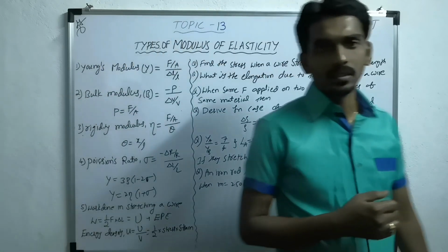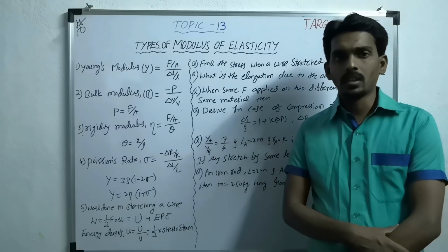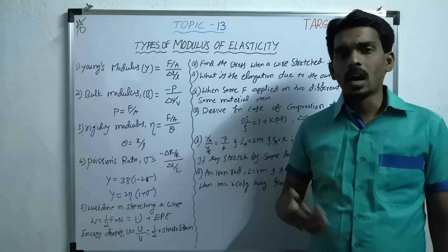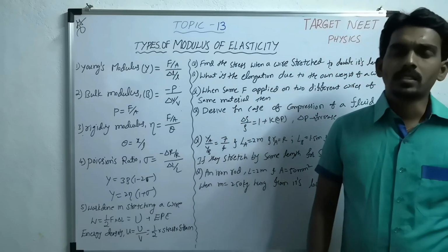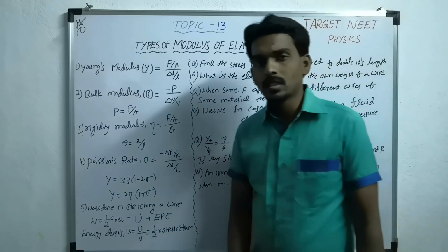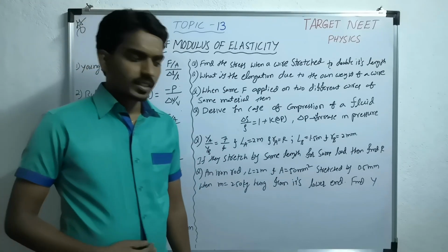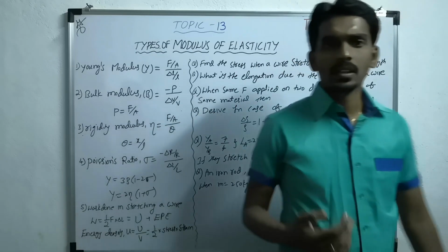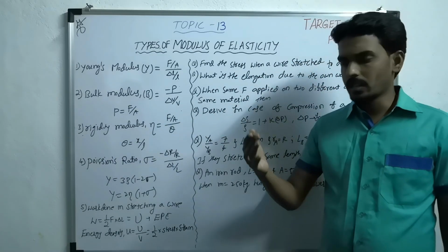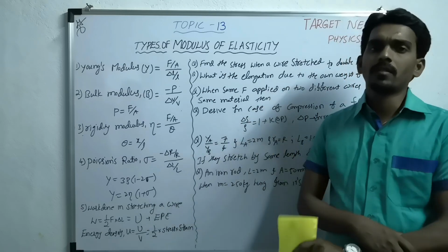There are 3 types, and of course we generally define from Hooke's law that the stress developed due to deforming force is always directly proportional to strain up to elastic limit, where strain is change in the parameter or dimension, or better to say change in the configuration by original configuration. Suppose there is a change in length by length, delta L by L, change in volume, delta V by V, like that.